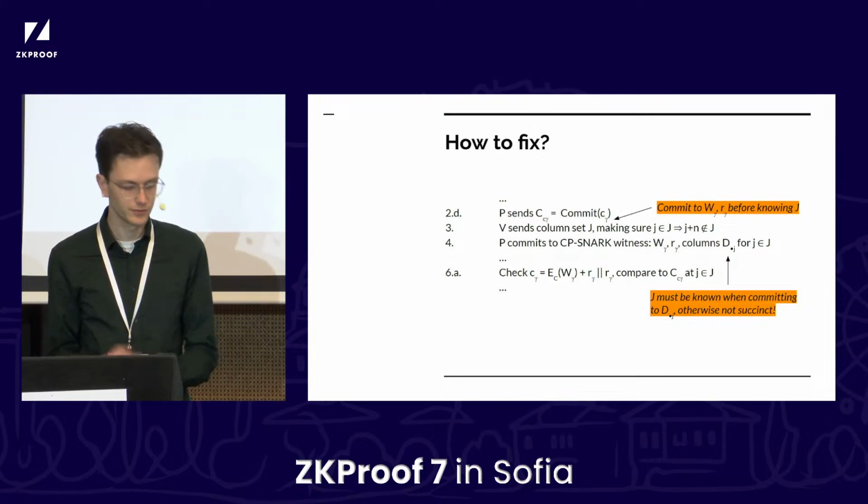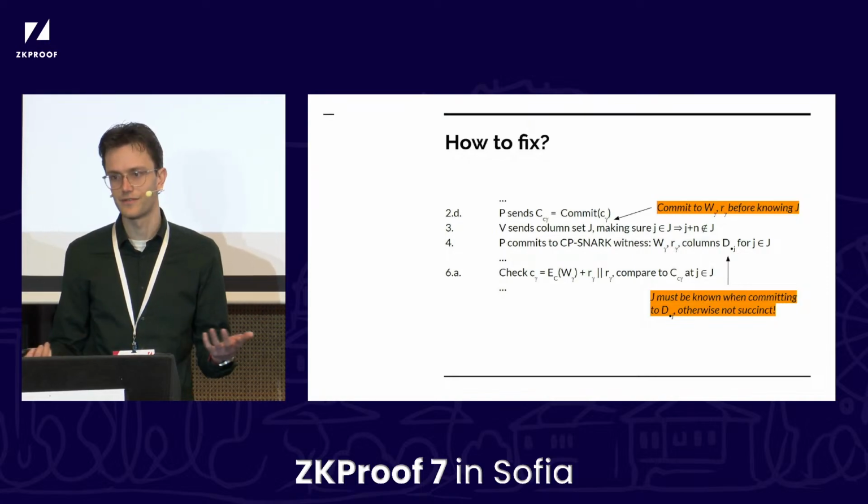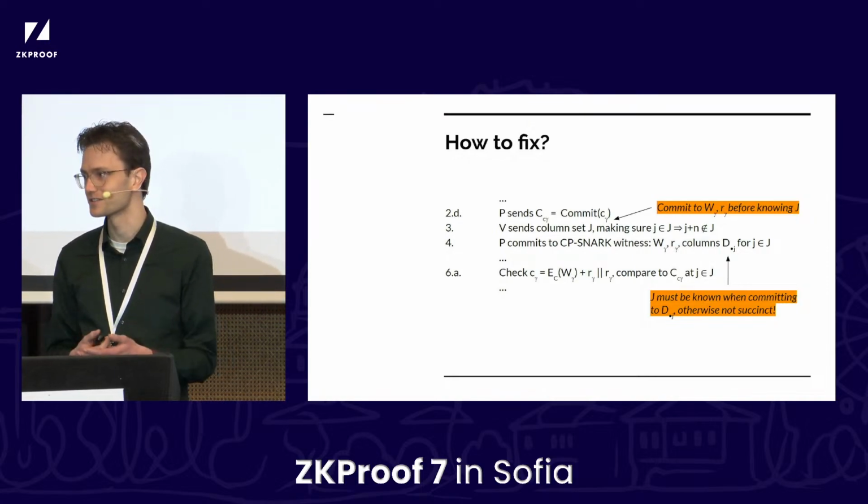And we want a linear prover, and we don't want to assume that the outer snark has a linear prover, because if it did, then we might as well use the outer snark in the first place.